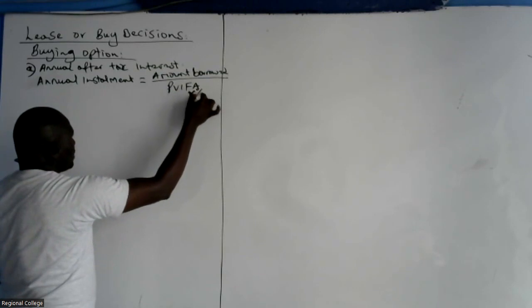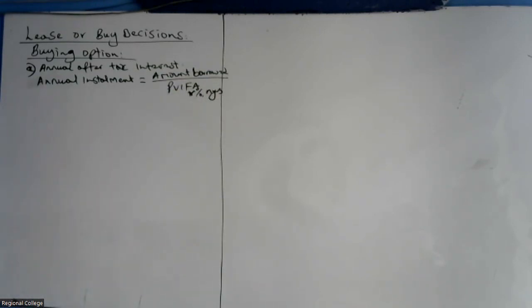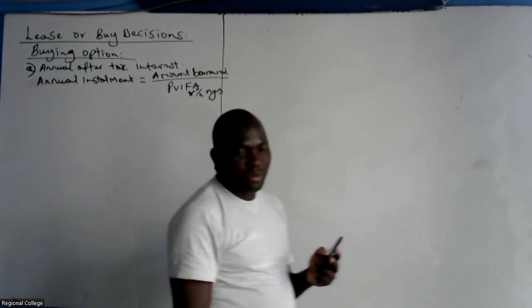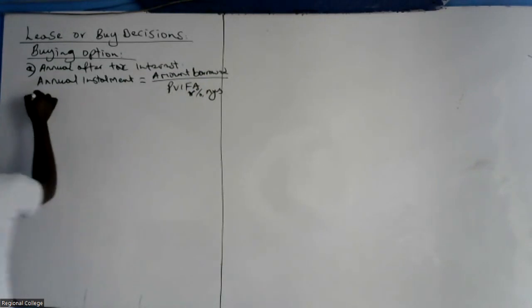R% N years, as in a loan amortization schedule in the debt class. Amount borrowed divided by the PV5 R% N years. So how much was borrowed?